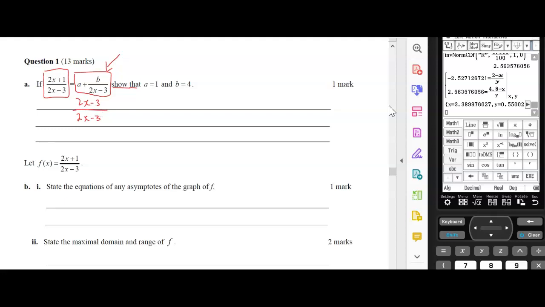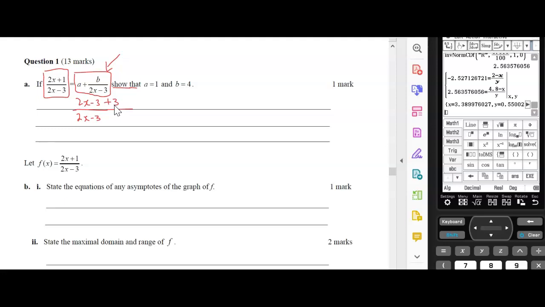Because I have now changed the numerator, since it was 2x plus 1 and now I've written 2x minus 3, I've subtracted 3, so let's add 3 to balance that.